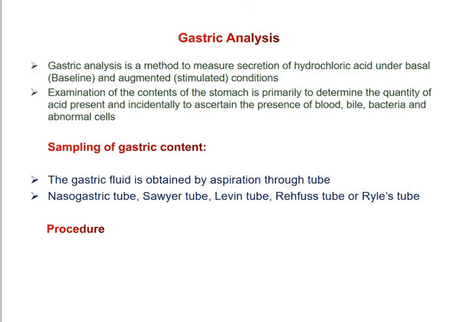The results of such an analysis are influenced by many intragastric factors and need to be interpreted only in the light of clinical findings. Gastric analysis is a method to measure secretion of hydrochloric acid under basal, that is, and augmented, that is stimulated, conditions.